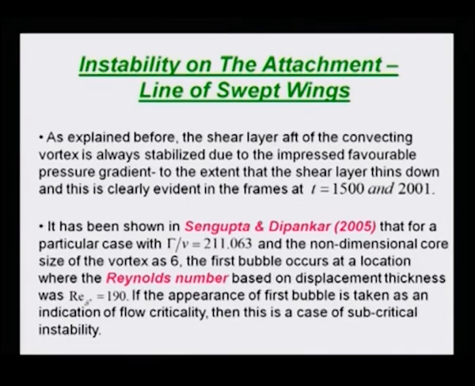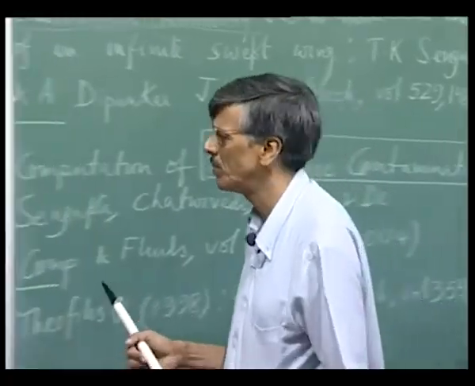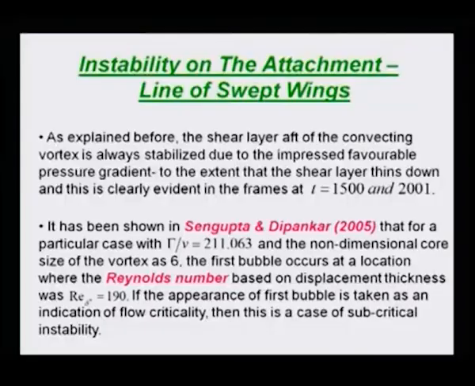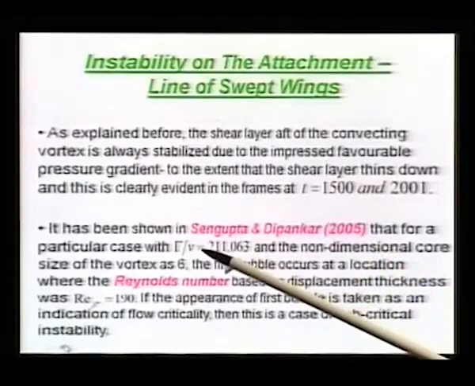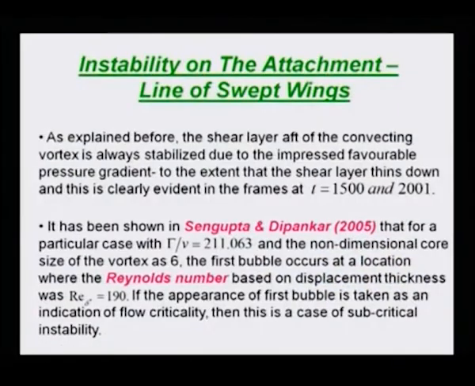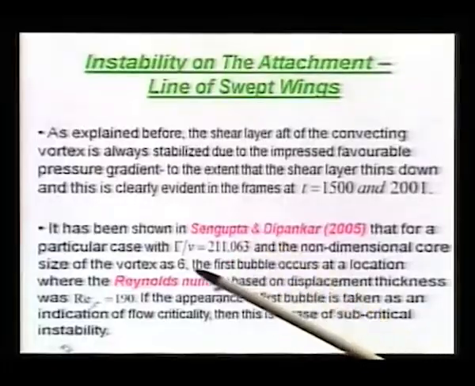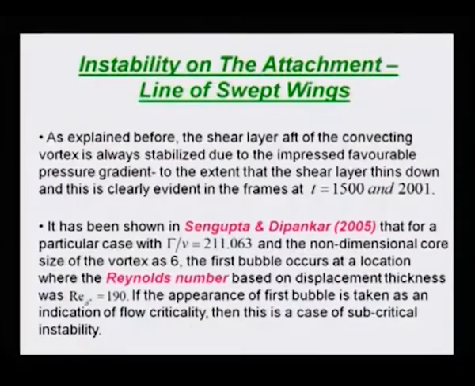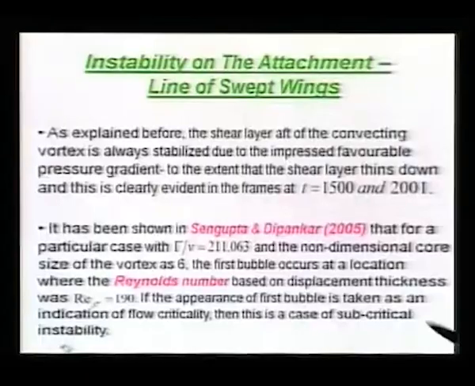Now, we did show a case in this paper, gamma by V about this kind of value. See, this is trying to make it a kind of a non-dimensional core size of the vortex as this.